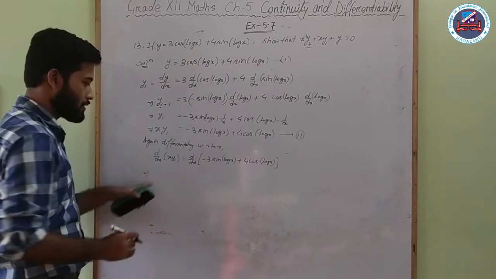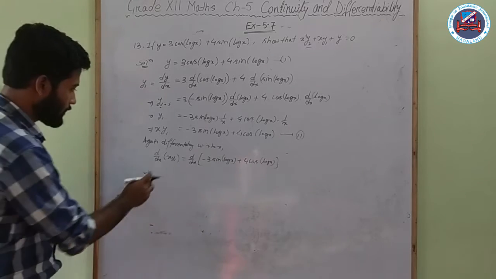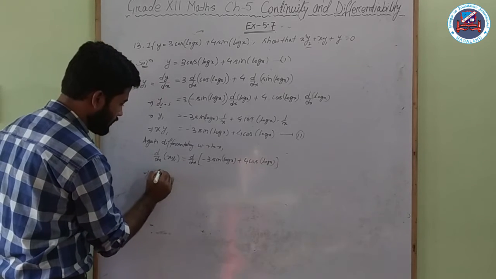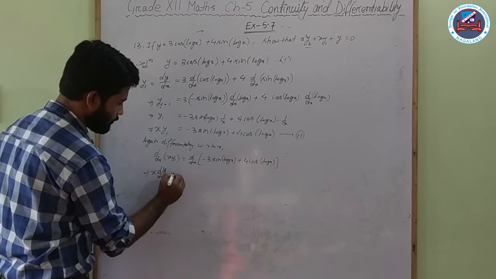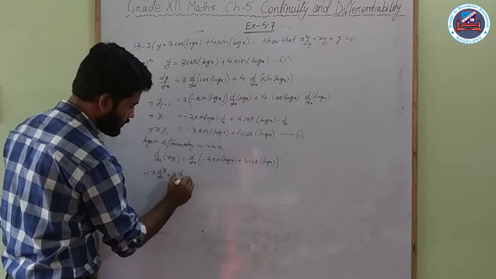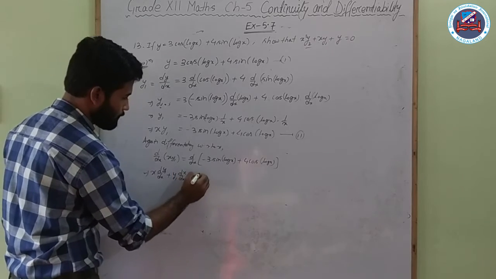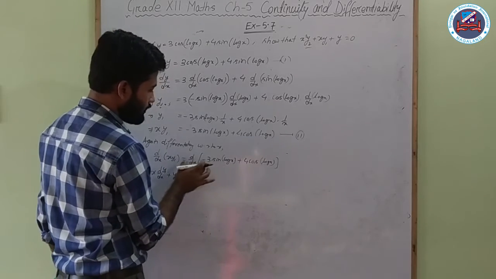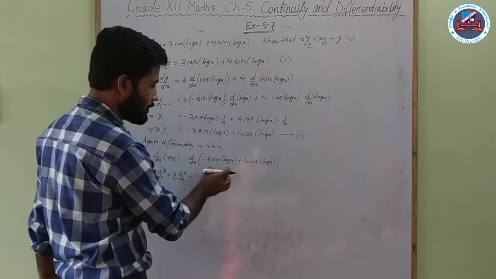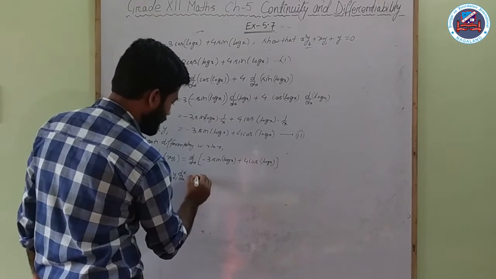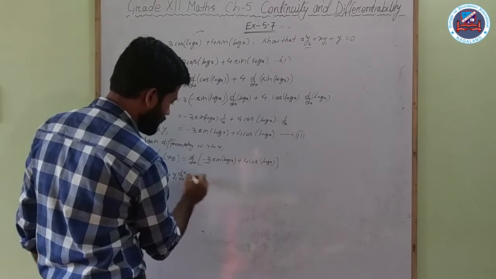And this will give us, that is a product function. So first function into d/dx of second function, that is y1, plus second function into d/dx of first function, that is x. And here it is d/dx of a plus b, so we can do it separately, that is d/dx of a plus d/dx of b. So write the constant here, minus 3 is the constant.